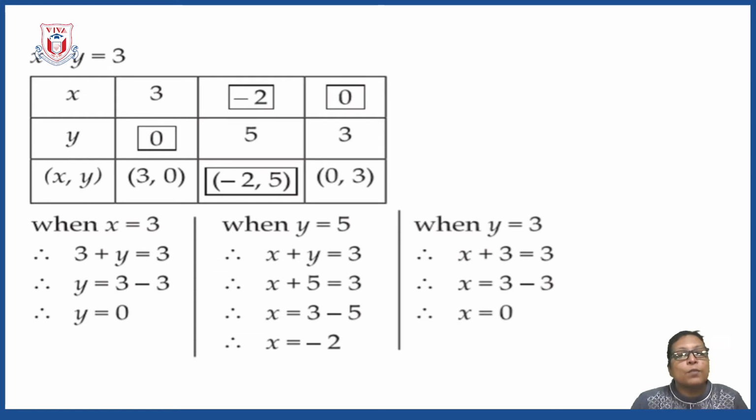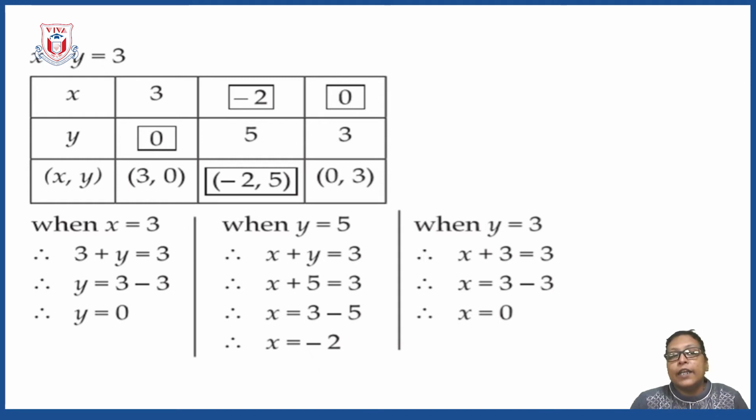So in the first column, you can see we got the answer as 0. Write down the answer as 0 there, and below you have to write the ordered pair. In round brackets, 3 comma 0 is written.